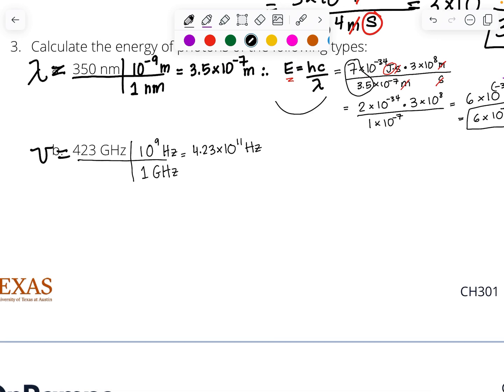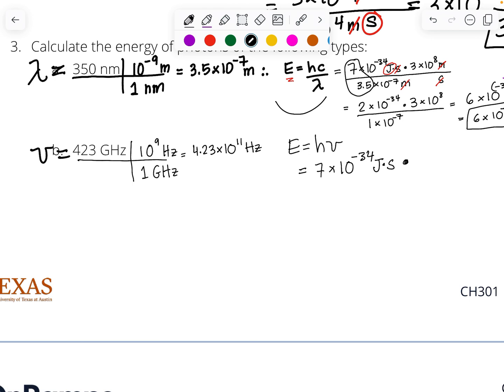And so we can use the equation E equals energy of a photon equals Planck's constant times frequency. So again, we're using the number for Planck's constant, 7 times 10 to the negative 34 joules times seconds times frequency, which we just figured out.